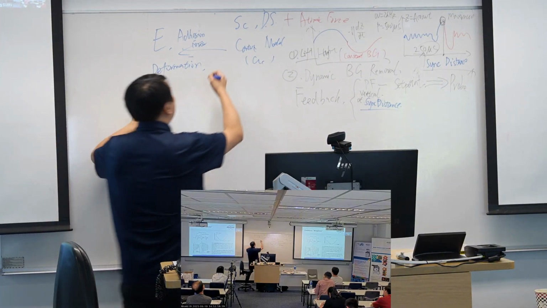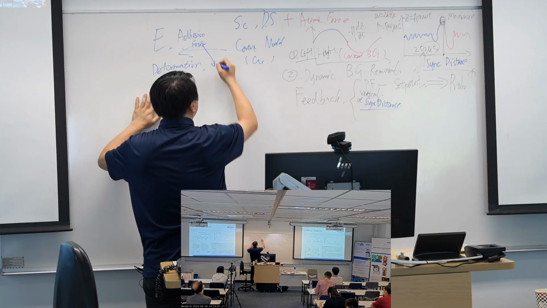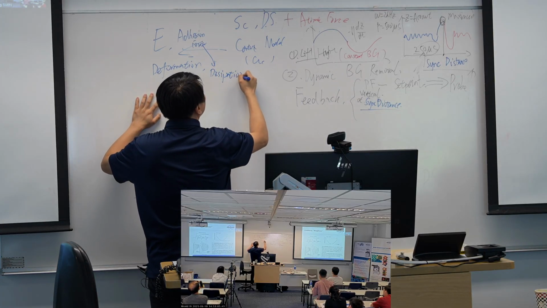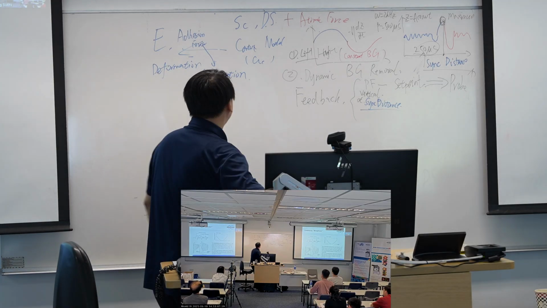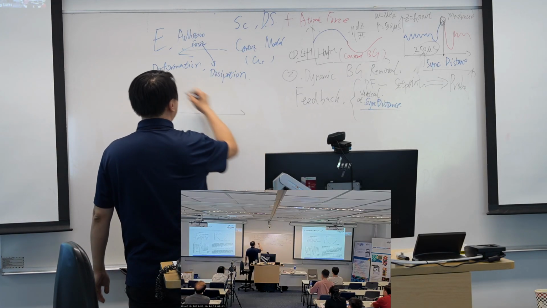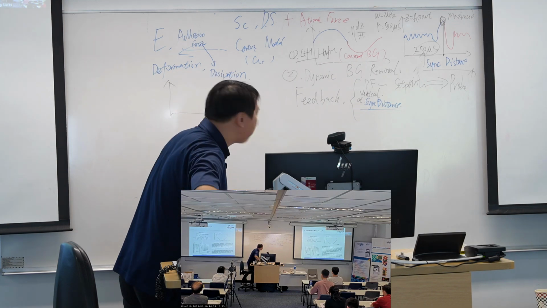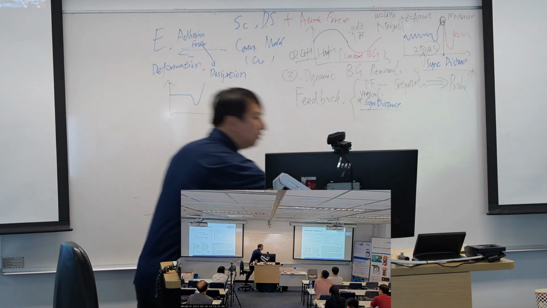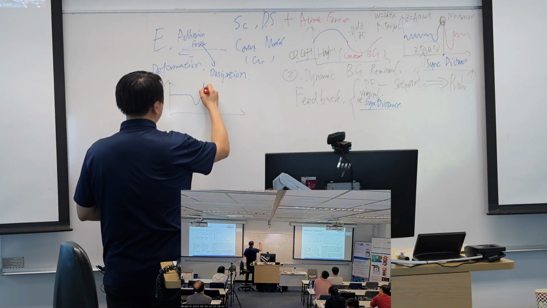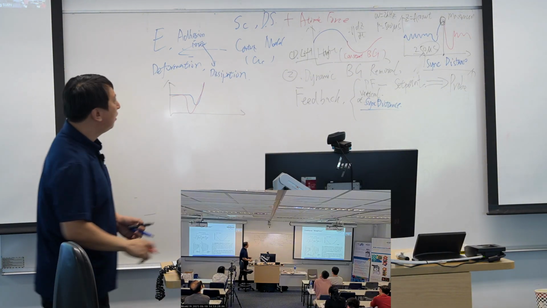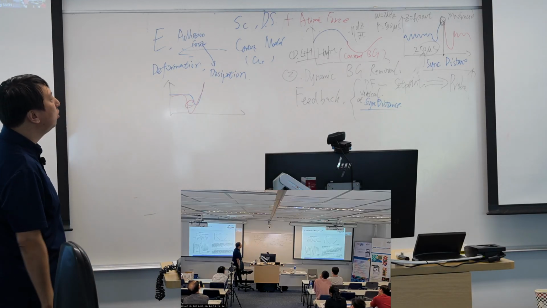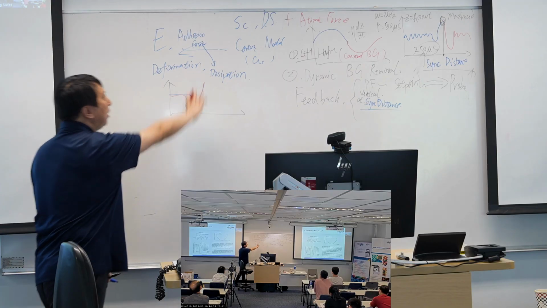And they have the so-called dissipation. The dissipation is similar to the adhesion force. That's the blue curve, that's the red curve, and there will be some loop between red and blue.